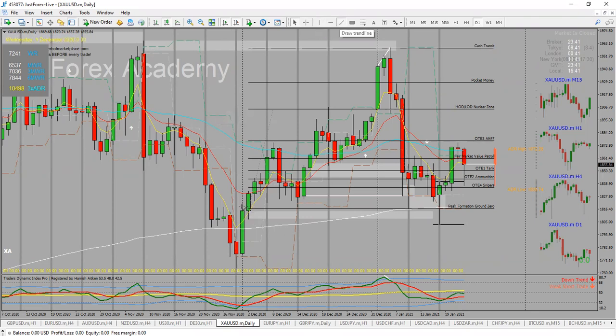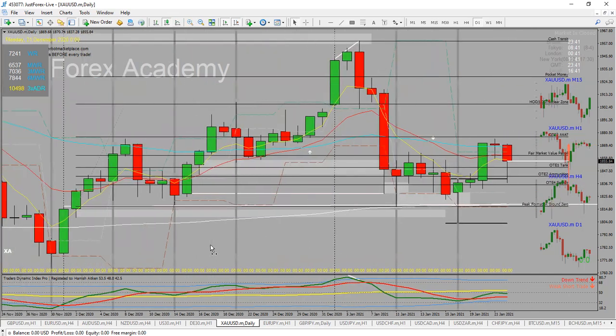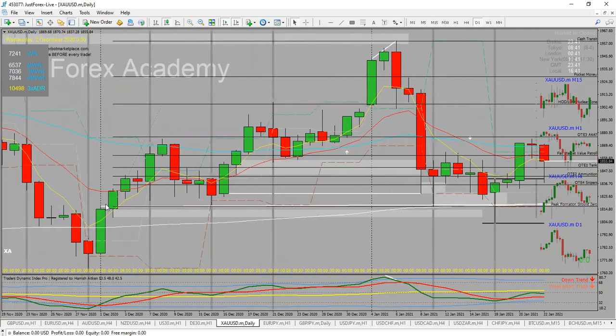Let me identify this zone. There is this zone. Now the market came to test the split zone. In this candle, created another swing low, which is also valid.